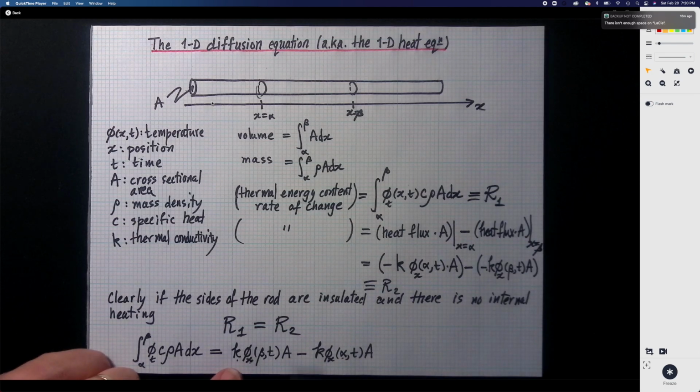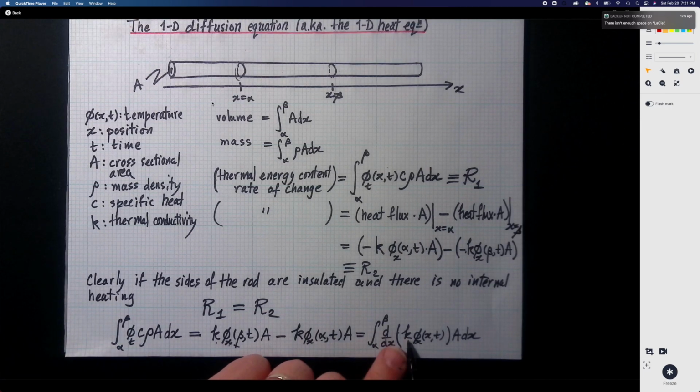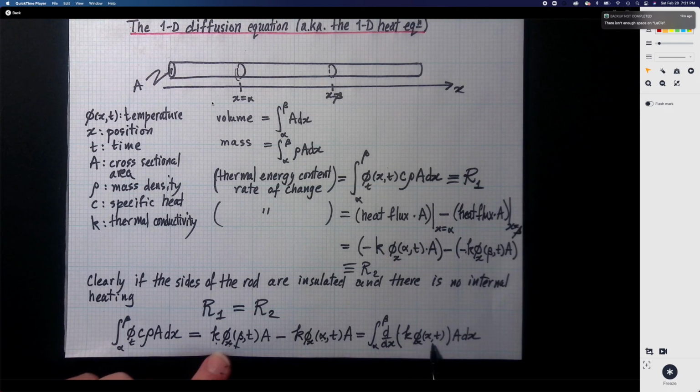Now the right hand side here is the same form as the integral of an exact differential, so this can be rewritten as the integral from alpha to beta of d by dx of k phi x of x and t times the cross-sectional area. And so this can be written as an exact differential of the k phi x of x and t.